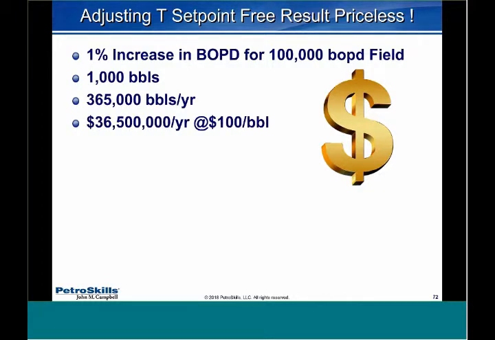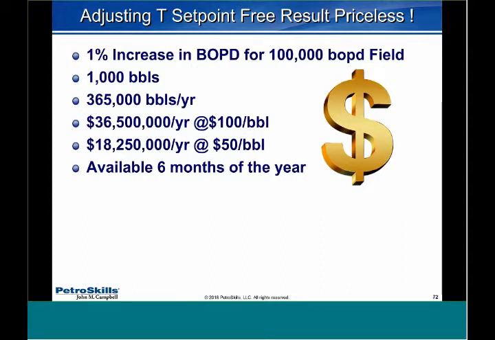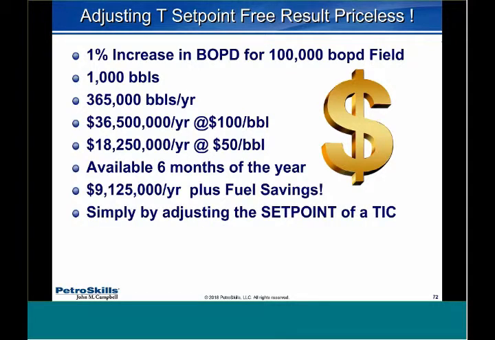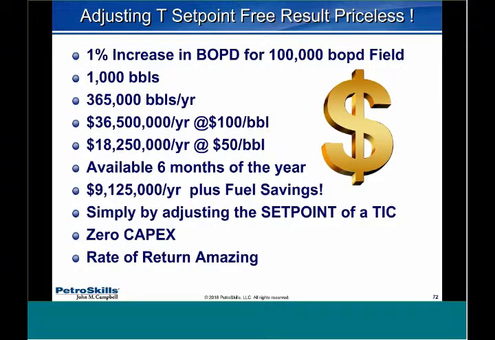At $100 a barrel, that's $36 million. Say $50, $18 million. Say it's available 6 months of the year, $9 million plus fuel savings, simply by adjusting the set point of a temperature controller. So 0 CapEx, rate of return is amazing. You can make your companies more money starting today if you want to.